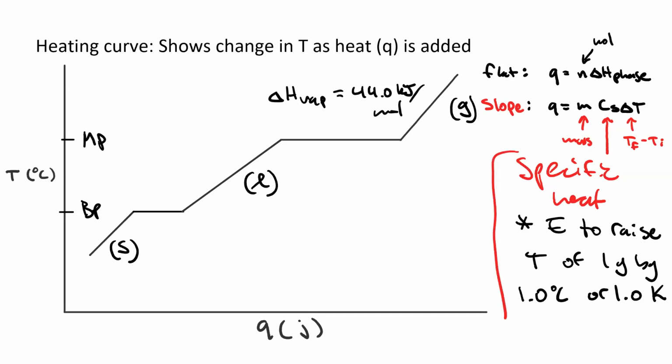Specific heat is the amount of energy needed to raise the temperature of 1 gram of a substance by 1 degree Celsius or 1 Kelvin. The specific heat of liquid water is 4.184 joules per gram degree. And that degree can be degrees Celsius or it can be kelvins, and it doesn't make a difference, because a delta T is the same whether it's Celsius or kelvins.